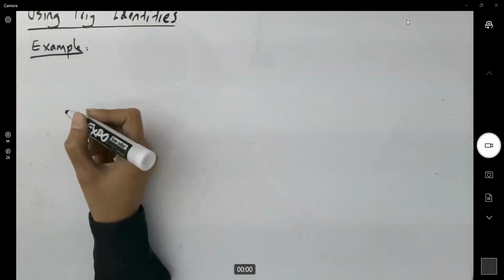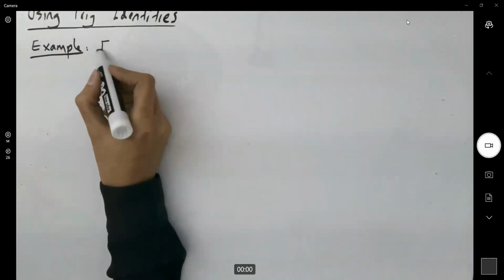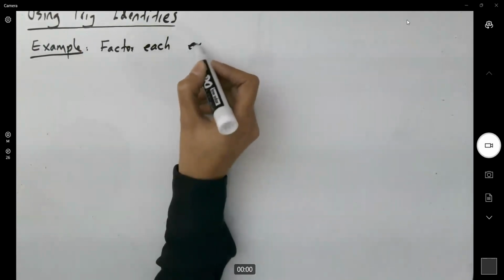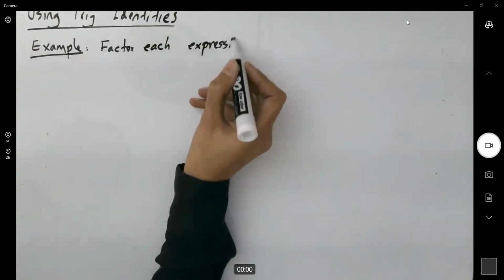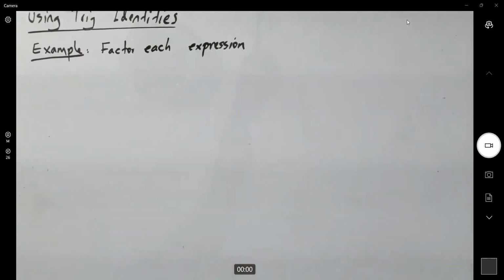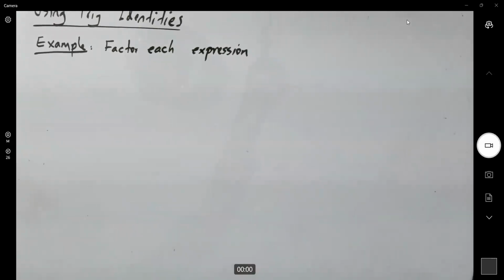So the question says, factor each expression. We're going to go back and forth between whatever we learned in algebra and try to factor the following expressions.